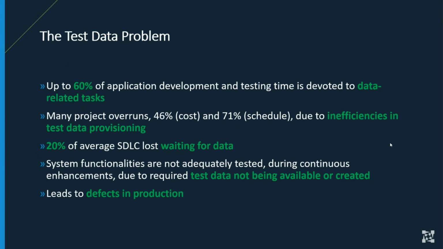There are a number of reasons for this, and a number of statistics and research that demonstrate different attributes, pitfalls, and costs associated with test data. In general, it's probably one of the biggest challenges when it comes to testing. We talk about agile, continuous testing, and continuous delivery, but test data is certainly right there at the forefront.